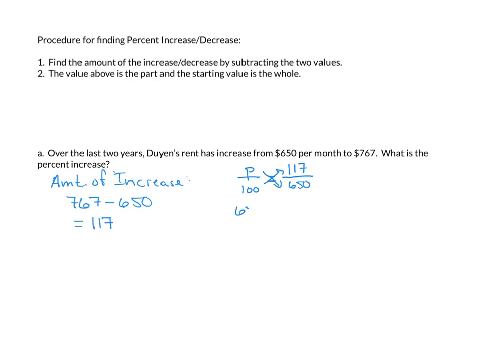We get 650 P equals 11,700. If we divide by 650, we get P equals 18%.